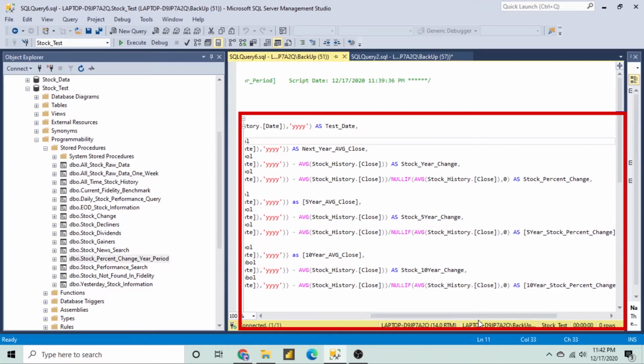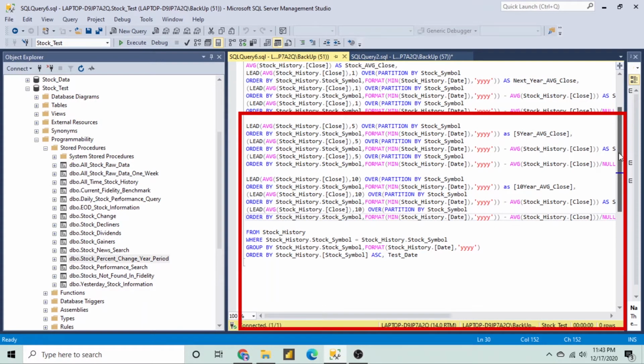Since we looked at it at a year over year period or 1-year period, in the next block of code we are going to take a look at a 5-year period and a 10-year period as well. Now that we've covered that, we can take a look at the rest of the query.